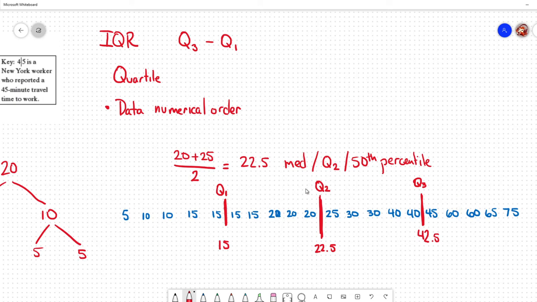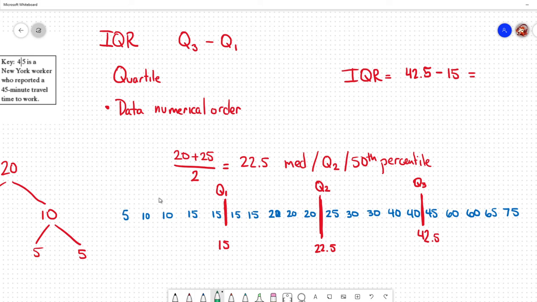This here represents that middle 50%. My interquartile range, Q3 minus Q1, describes how wide that middle 50% is.